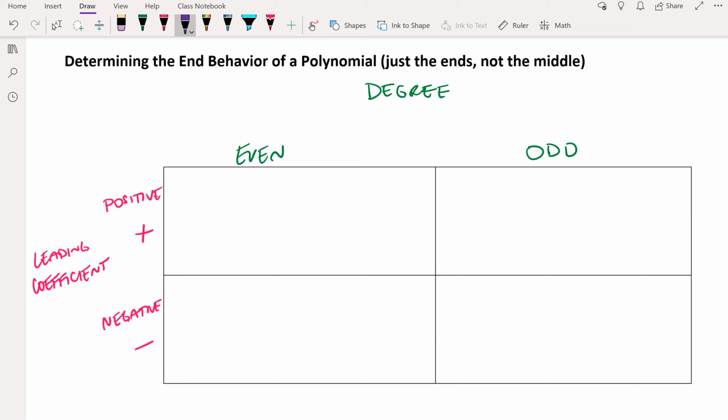That means we don't know what happens in the middle of the function. So, let's write a note. Leading coefficient tells me about the right side. So make that note. LC tells me about the right side.